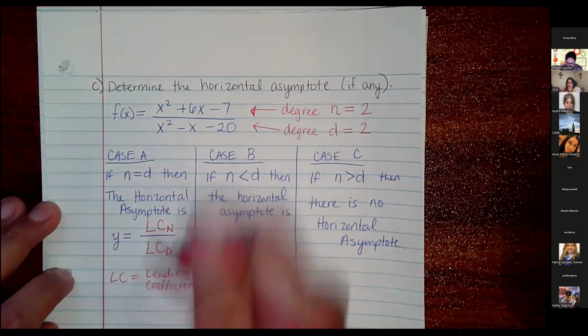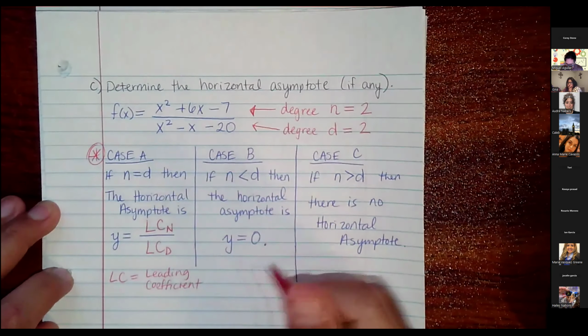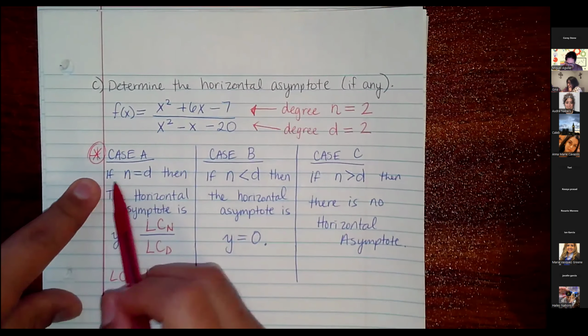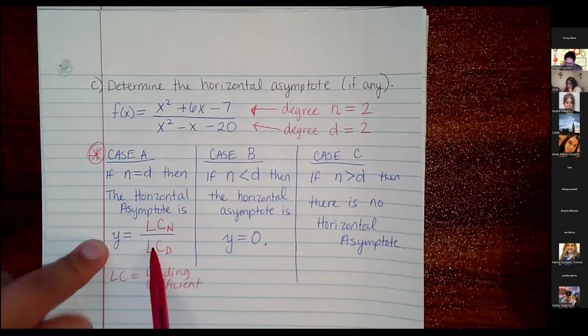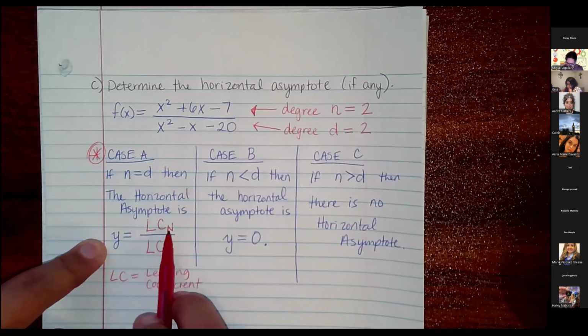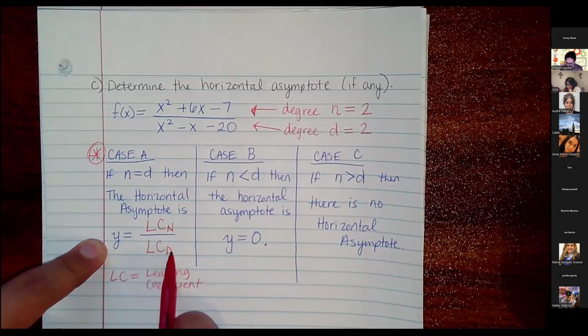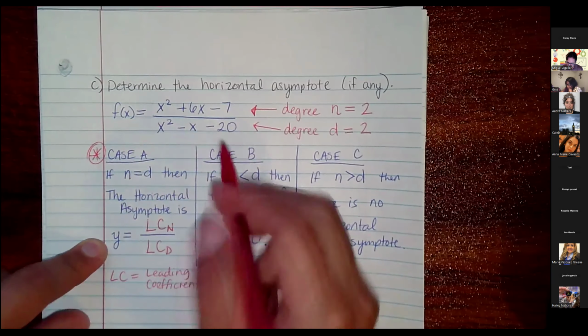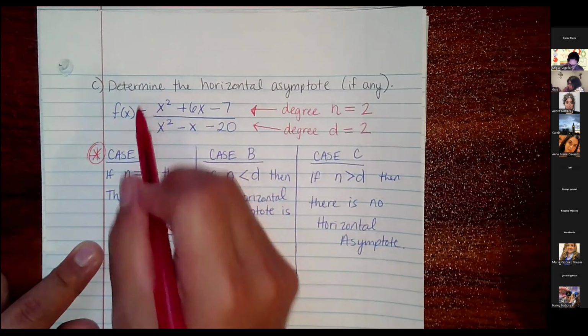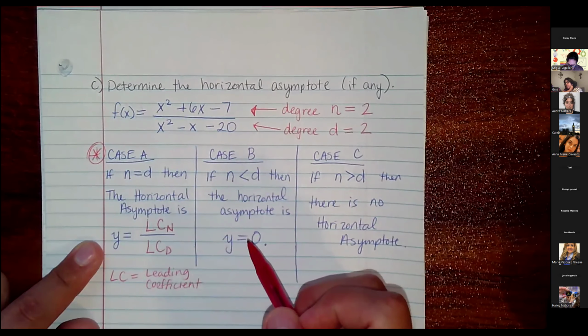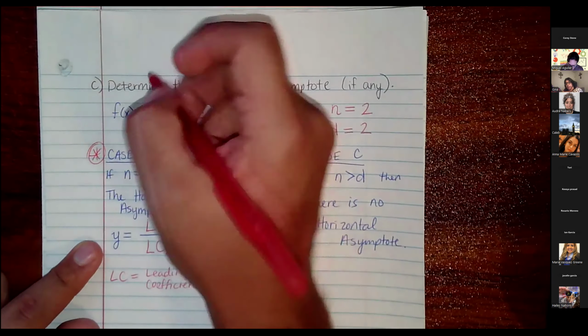Case A. Yeah, so for this one, we're dealing with case A. So my instructions are, if the numerator degree is equal to the denominator degree, then the horizontal asymptote is given by y equals the leading coefficient of the numerator divided by the leading coefficient of the denominator. So what is the leading coefficient of the numerator? 1. Yeah.